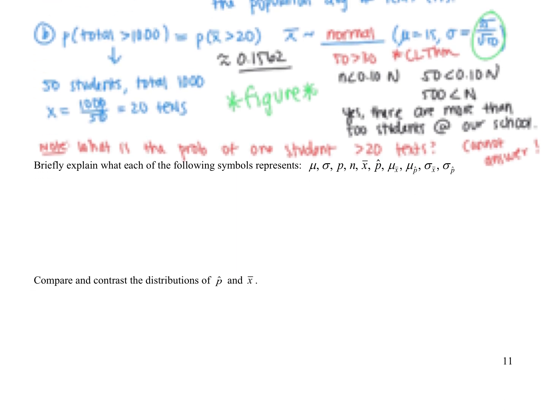Okay, we're not going to write this last stuff down, but you need to know the difference between all of these symbols. So, all of these three are population. Population mean, population standard deviation, population proportion.